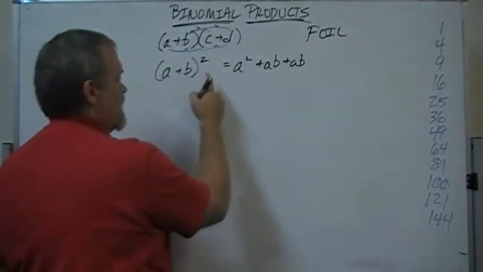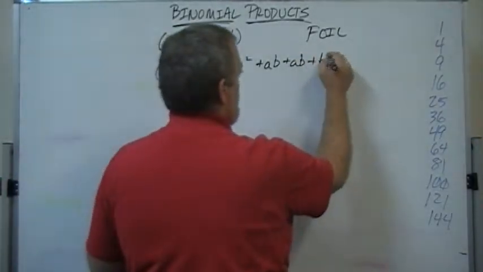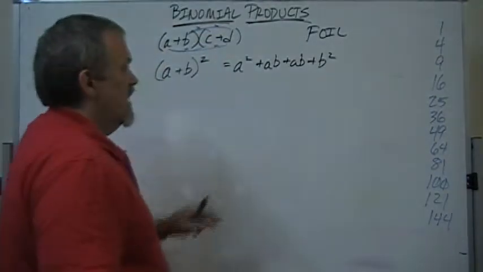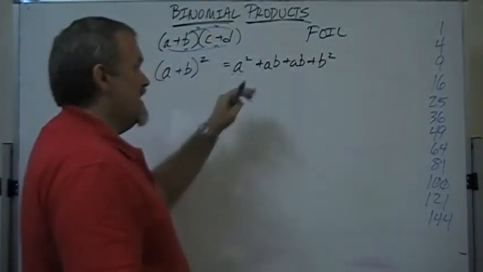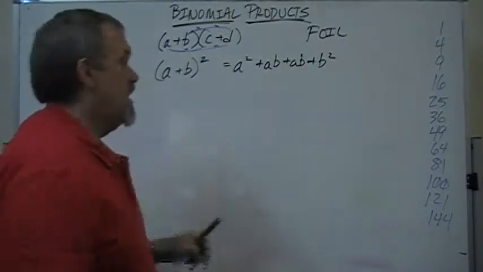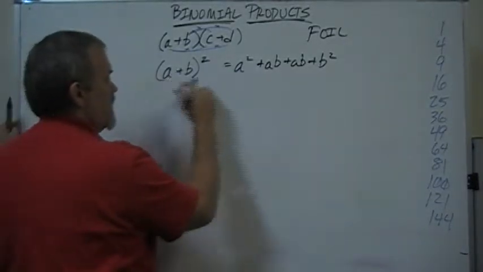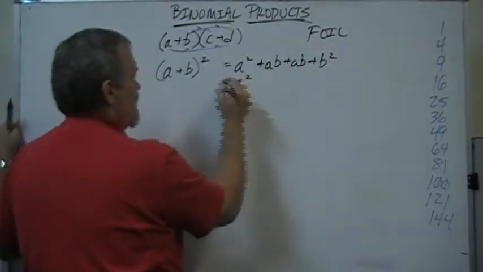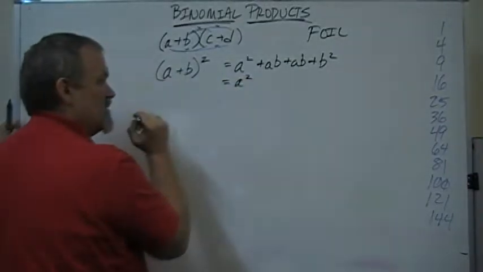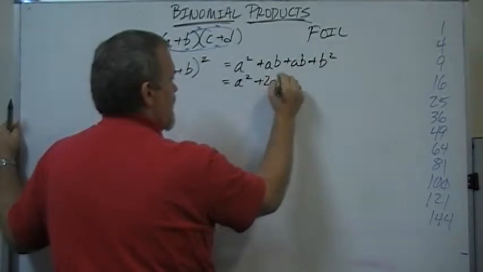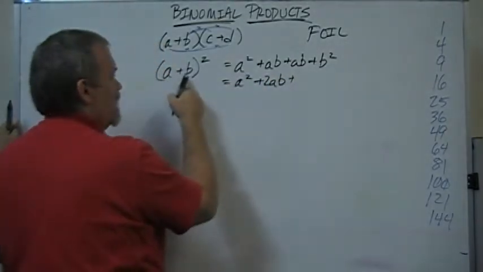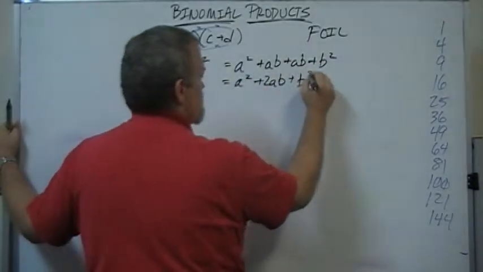And the last two, b squared. You'll notice that these two terms are always the same. So the short way to think about this product is we square the first one, a squared. We multiply the two terms together, ab, and double it, 2ab. And we square the last term, which is b squared.